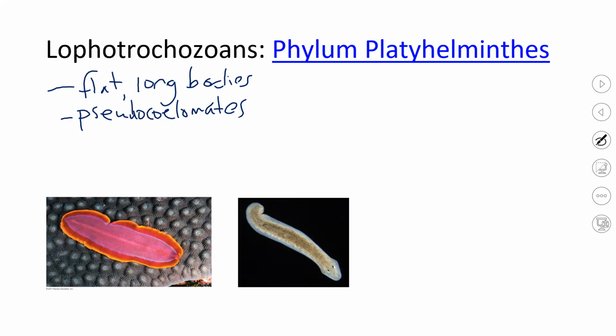Now wait, stop for a second. I read about too many last night. These are not pseudocoelomates. These are acoelomates. I'm thinking about it in my head and looking at the picture in my head and thinking, no, they're acoelomates. They don't have a coelom. Yeah, so they have no body cavity.